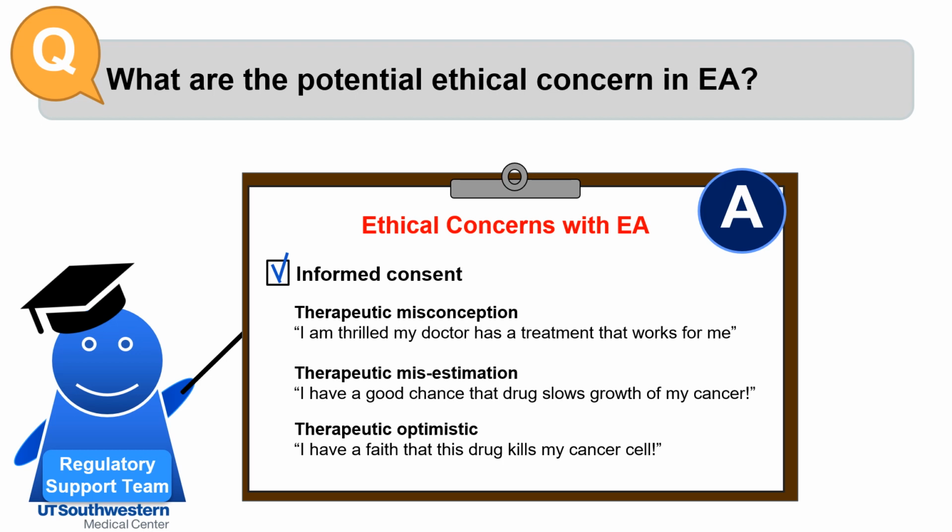Both the setting and their desperation may work against their ability to make an informed assessment of the risk involved. These therapeutic misconceptions can be prevented with a proper informed consent process, so the physician can ensure that potential patients are fully aware of the risks involved in this treatment.